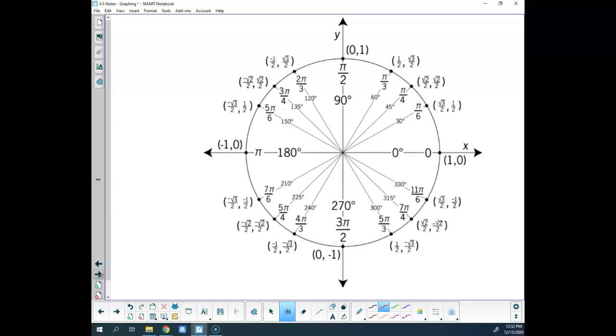Sine equal to zero: at zero, at pi, at 2 pi. That's the positive side. Now let's go negative: negative pi and negative 2 pi.